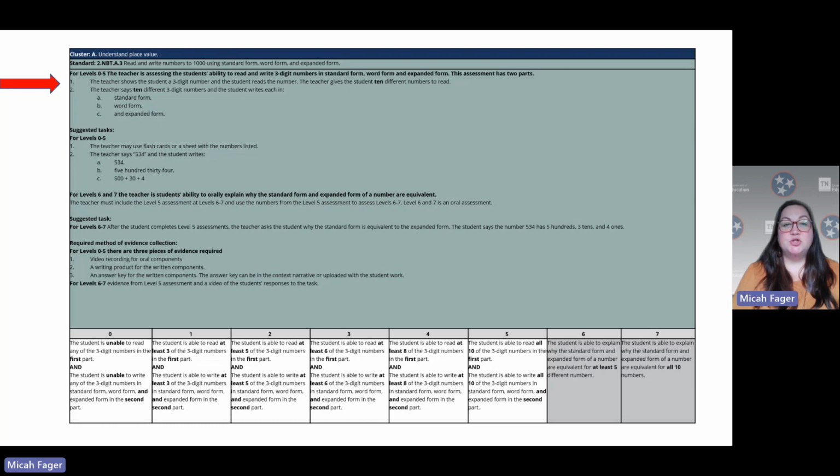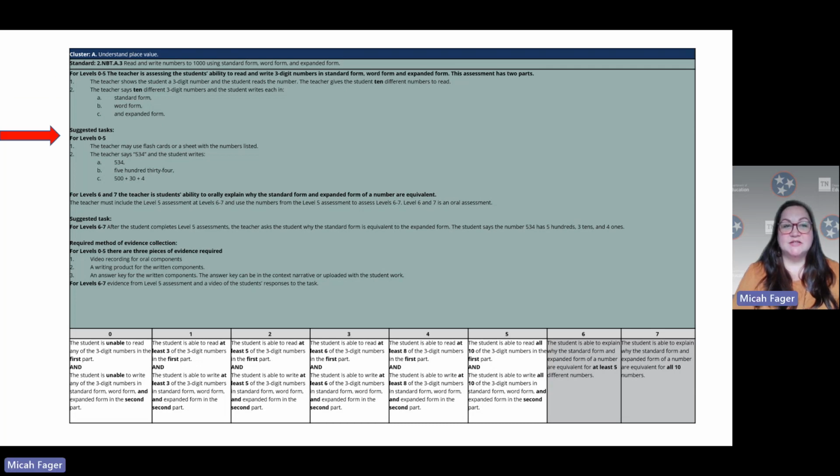The student will need to write the number in three different forms: A, standard form, B, word form, and C, expanded form. The student will need to correctly write all three forms for the number for it to be counted as correct.